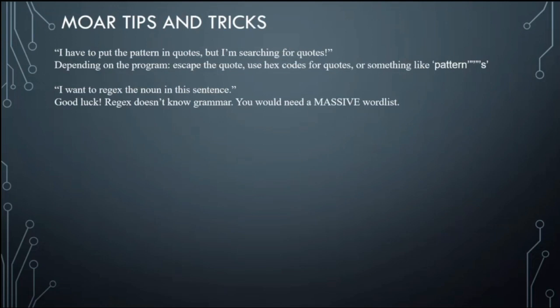Okay. And I mentioned earlier on, if you wanted to use something that had quotes, say you're using regex within Python or on the command line, and you had to put your pattern in quotes, you could escape them. You could use the hex codes for quotes. I've actually used what's there at the end with the word patterns.